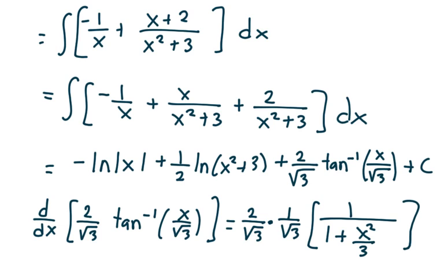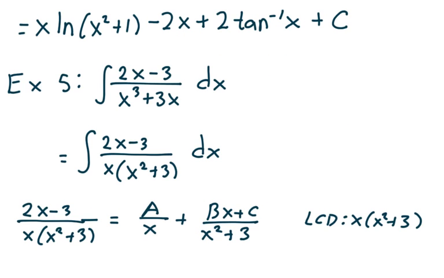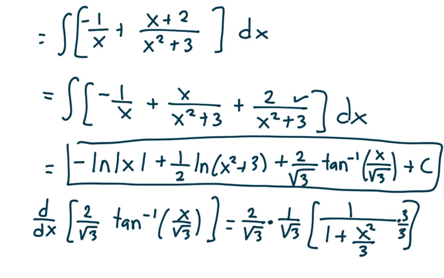If I multiply numerator and denominator by 3, I get exactly what I need up here. So this is correct, and this was example 5. So I definitely needed to do a partial fraction decomposition.